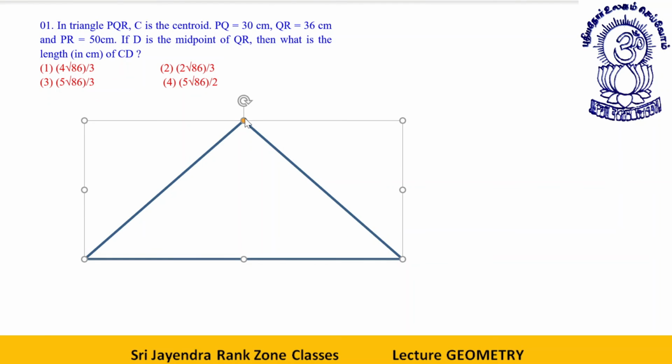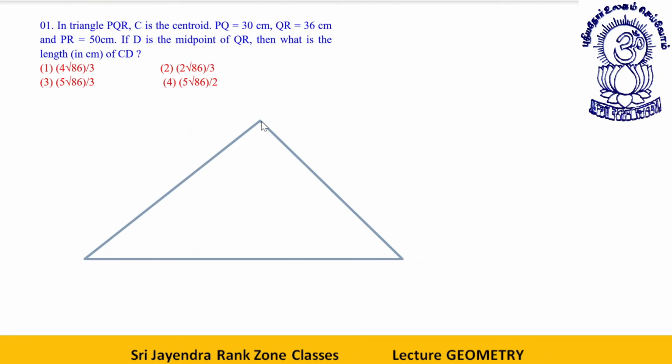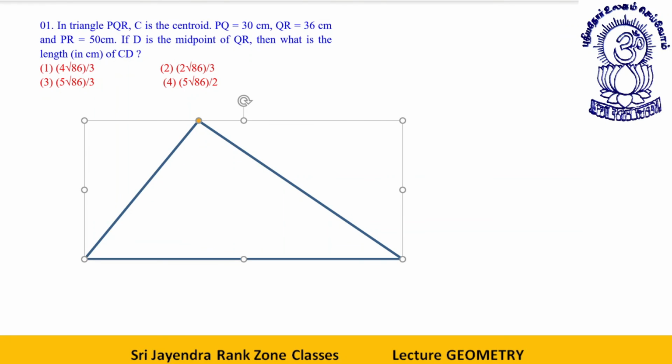In this triangle PQR, PQ is equal to 30, QR is equal to 36, PR is 50, D is the midpoint of QR.